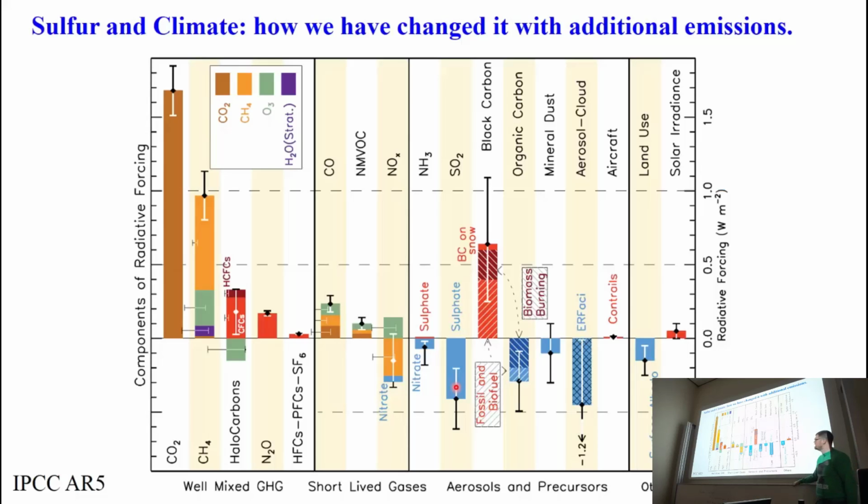One of the other things on this plot is you'll notice that there's a very, very small bar here, a red one, okay, for sulfate. So sulfate causes cooling through these atmospheric aerosols reflecting right back into space. But if you look at this one here, the effect of ammonia is also a cooling, okay?